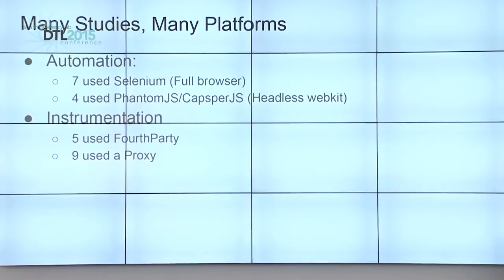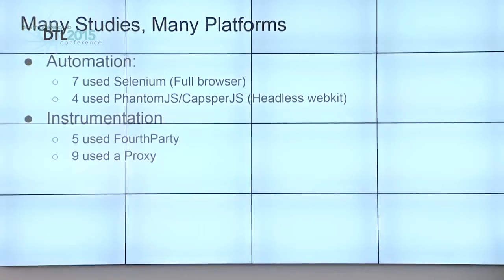We saw several studies using Selenium, which is a full browser automation tool, lets you drive Chrome or Firefox and visit sites with it. We also saw a couple using Phantom.js and Casper.js, which is a headless WebKit version. And then for instrumentation, for recording what the browser is doing when you visit it, we saw a bunch of people using Fourth Party.